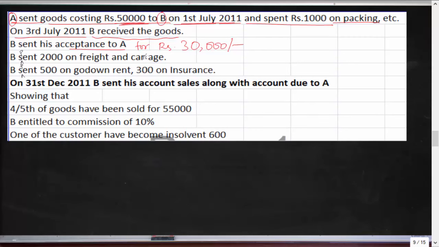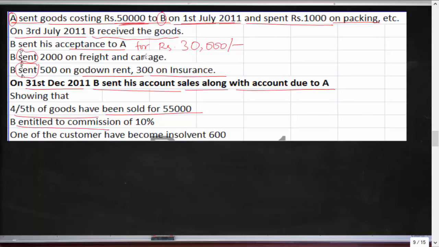Then we have B spent, some typo was here. Yeah, B spent 2000 on freight and carriage. Then again B spent 500 on godown rent, 300 on insurance. On 31st December 2011, B sent his account sales along with account due to A, showing that 4/5 of the goods have been sold for 55,000.